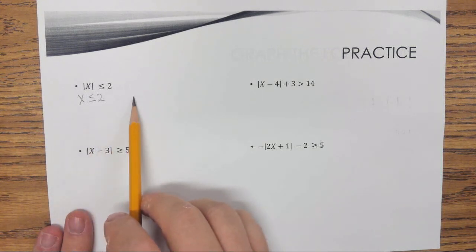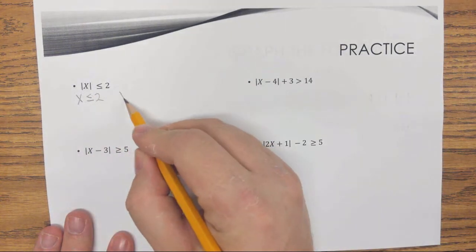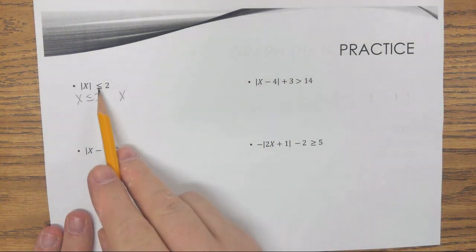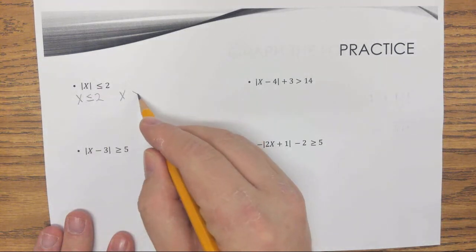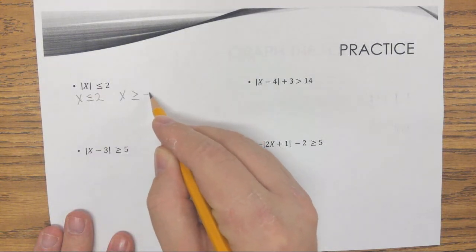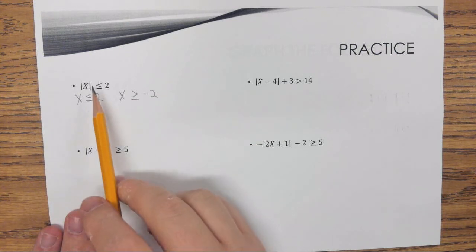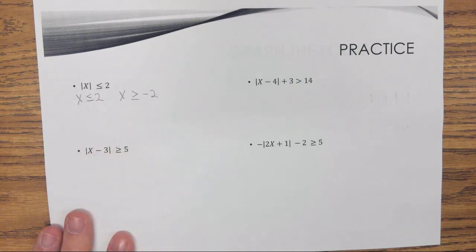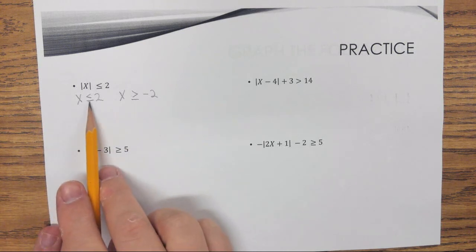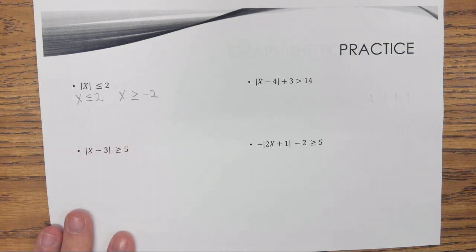To do the second one, I'm just going to do x, flip the inequality around so that it's greater than or equal to negative 2. Okay? That's it. So the solution to this absolute value inequality is x is less than or equal to 2, x is greater than or equal to negative 2.